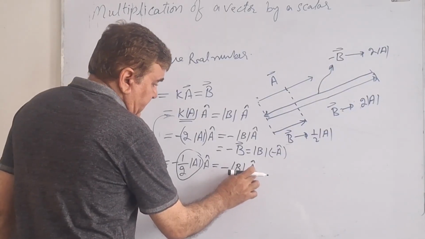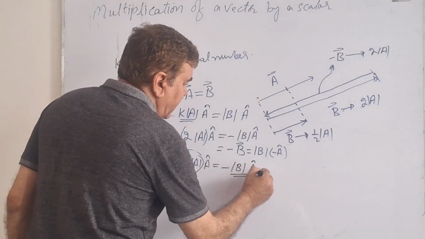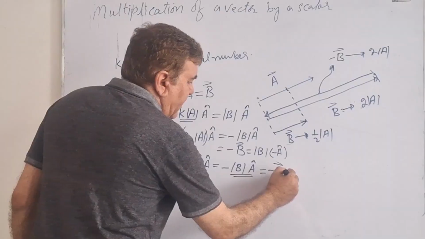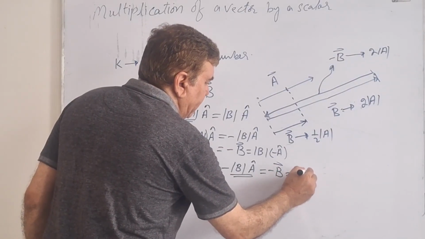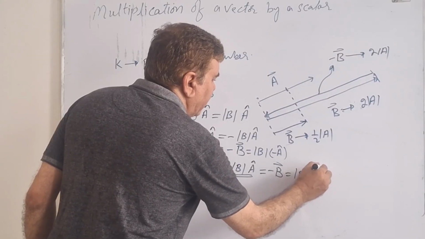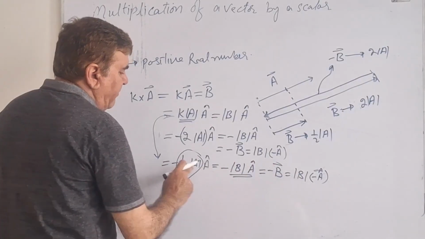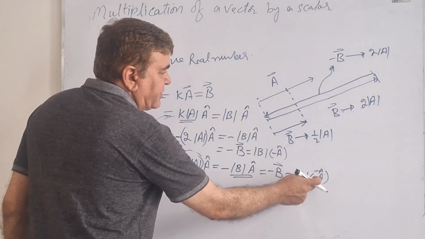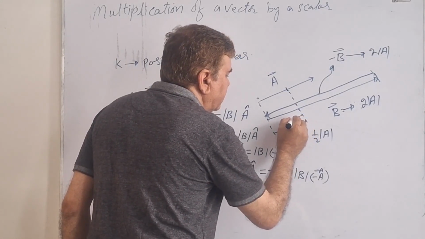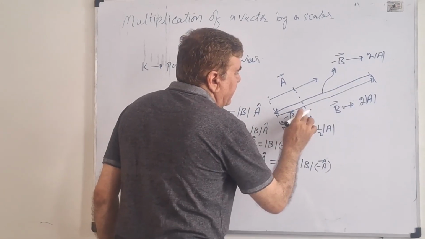Then this is in fact vector B with a negative sign, so we write this as minus B. This negative sign can also be expressed as the magnitude of B times minus unit vector A. So we need a magnitude of half of A with direction reversed. That means I would have this vector. This would be minus B.